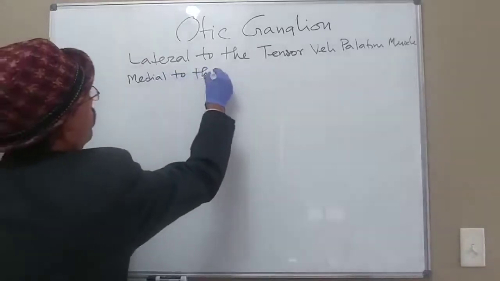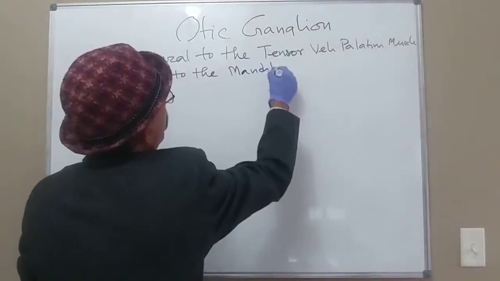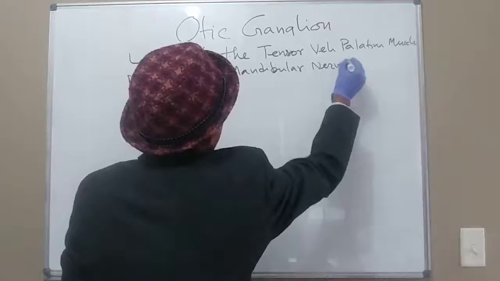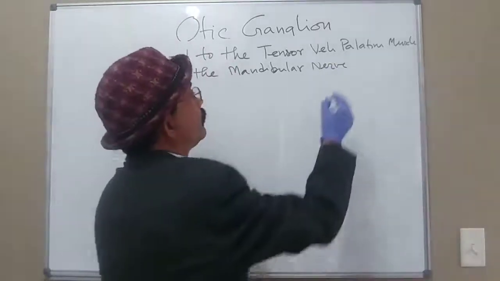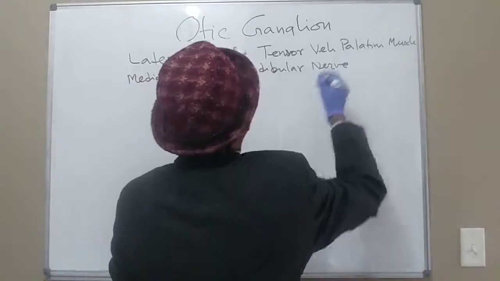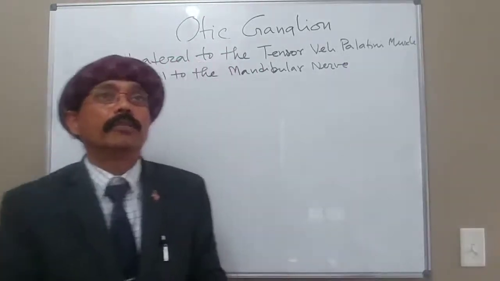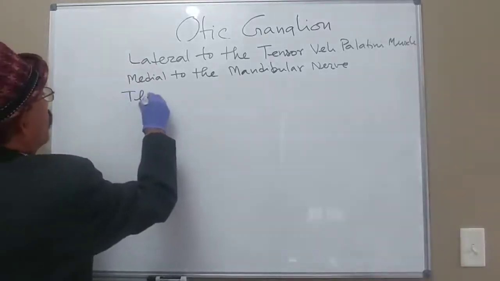Okay. The otic ganglion is medial to the mandibular nerve. It is lightly adherent to the mandibular nerve. Okay, we got that.